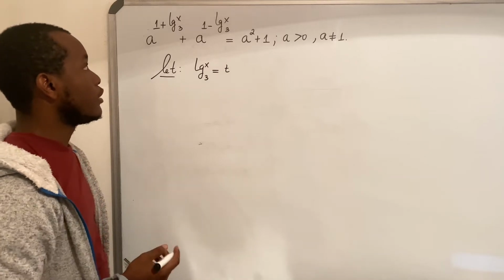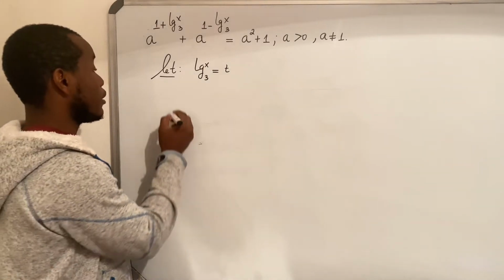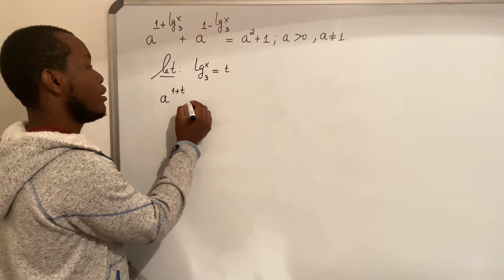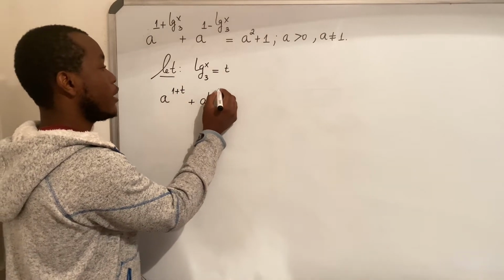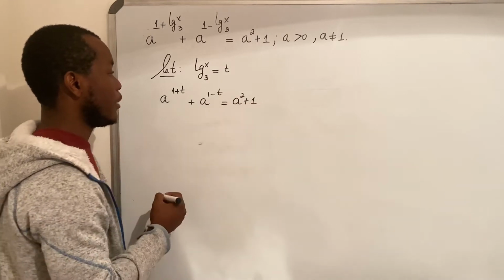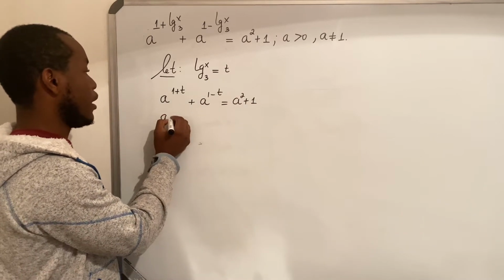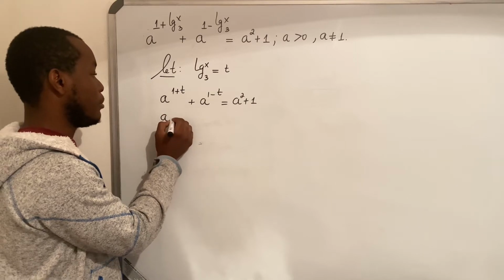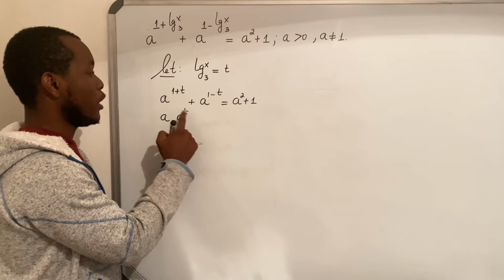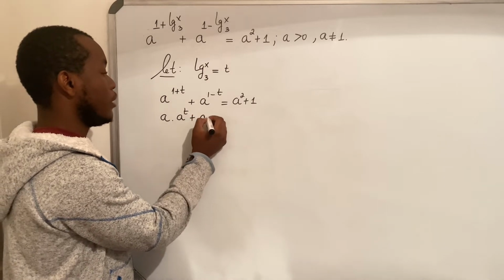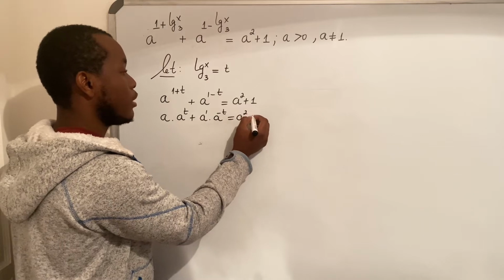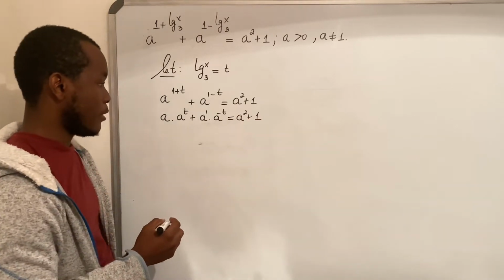So when we substitute back, we will have a to the power 1 plus t plus a to the power 1 minus t equals a squared plus 1. Applying power, when they are adding the exponents, that means the bases are being multiplied. When the bases are equal, we add the exponents: a to the power 1 times a to the power minus t equals a squared plus 1.